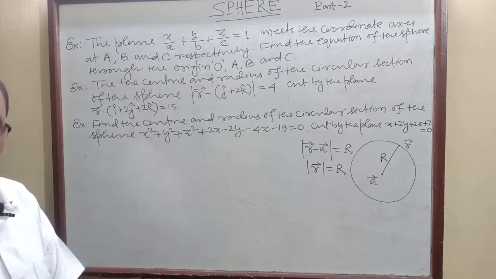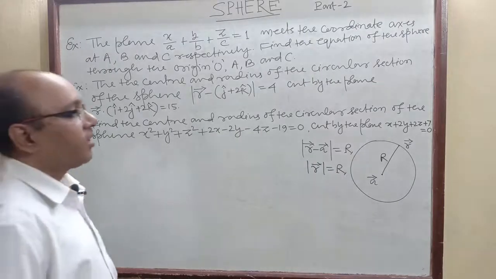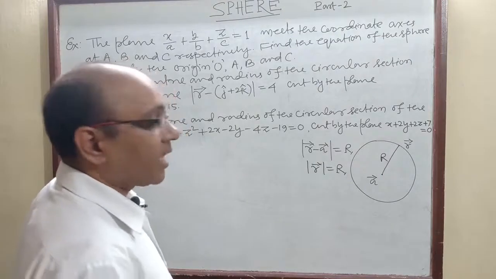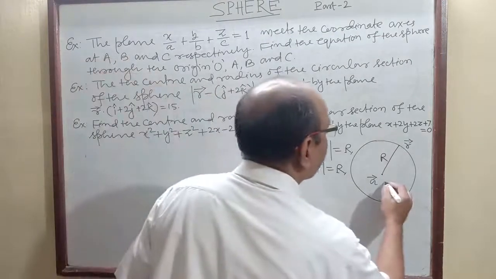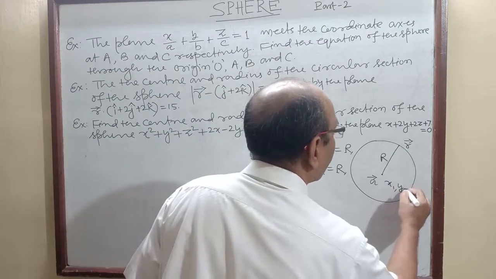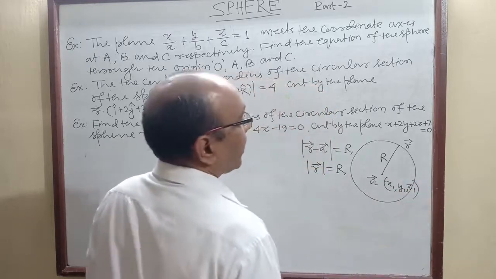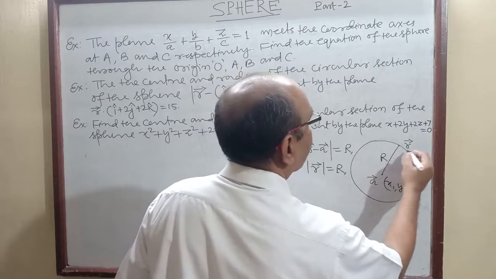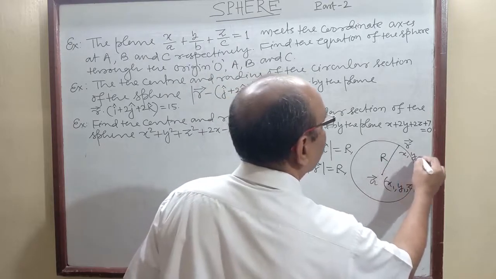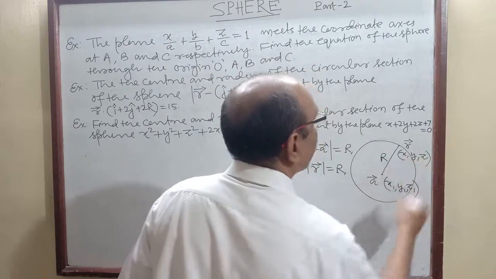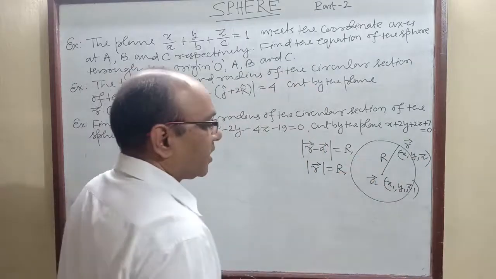Now in order to write it in Cartesian form, suppose x1, y1, z1 is the center and any general point is taken as x, y, z, and capital R is the radius.